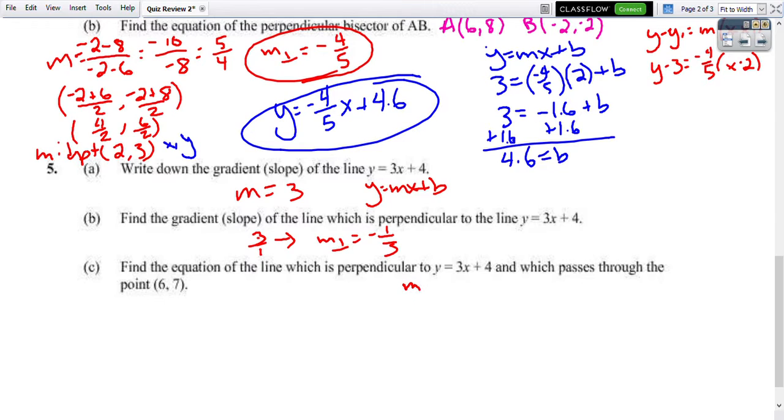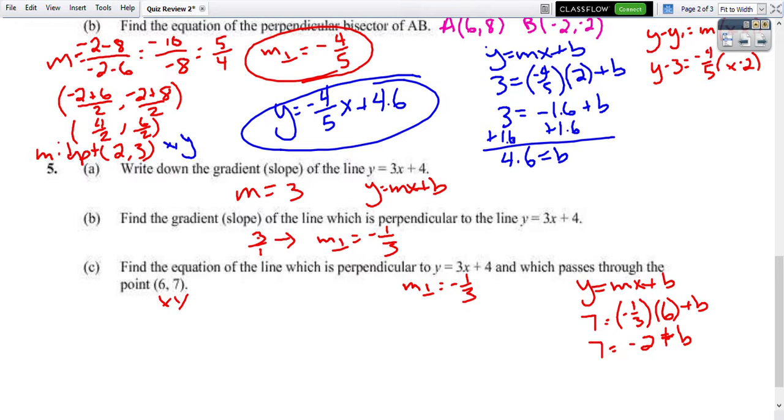So we want to use that perpendicular slope again of negative 1/3 with x and y to go find b. So y equals mx plus b. We plug in the y, 7, that's negative 1/3 times 6 plus b. Negative 1/3 times 6 is negative 2. That's plus b. And then we'll add the 2.